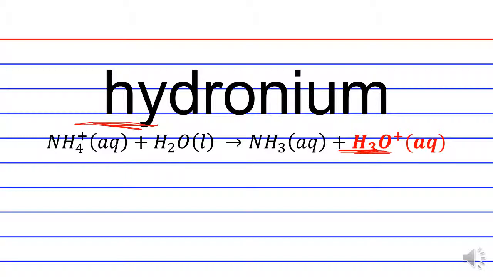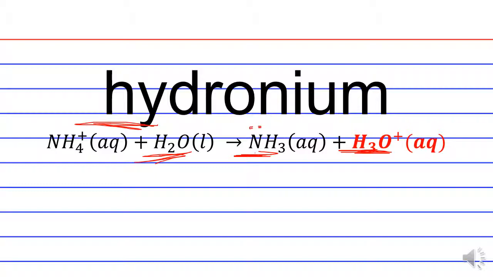Okay, so NH4 plus, aqueous, plus H2O, here goes your water, is going to give you ammonia, with it ending in an A. And ammonia has two unpaired electrons.